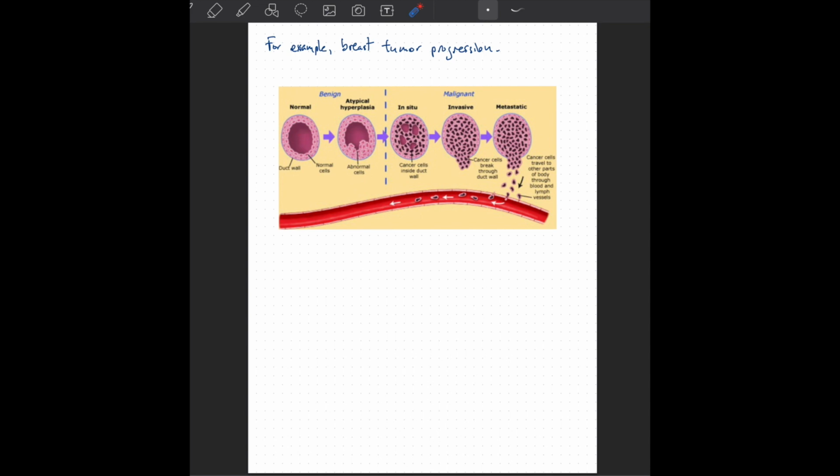What happens, or what's believed to happen, is that the epithelial or other related cells begin tumorigenesis.